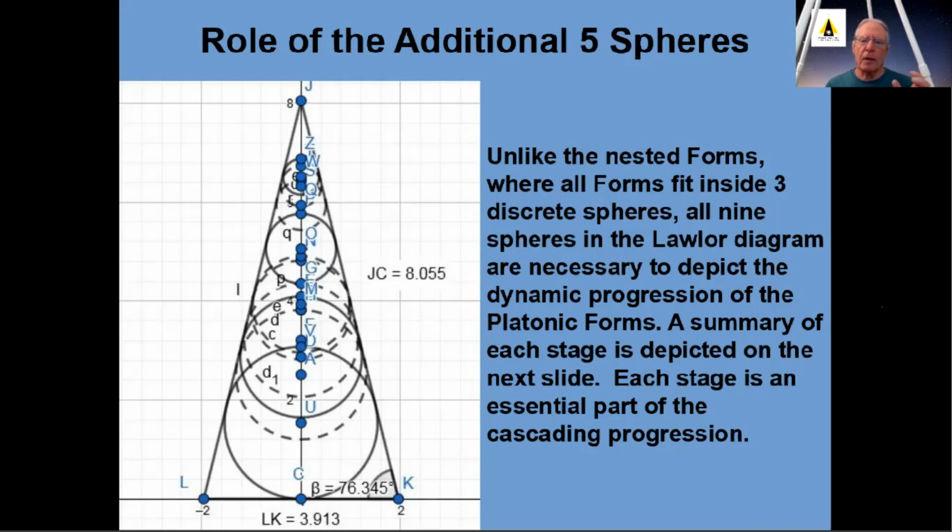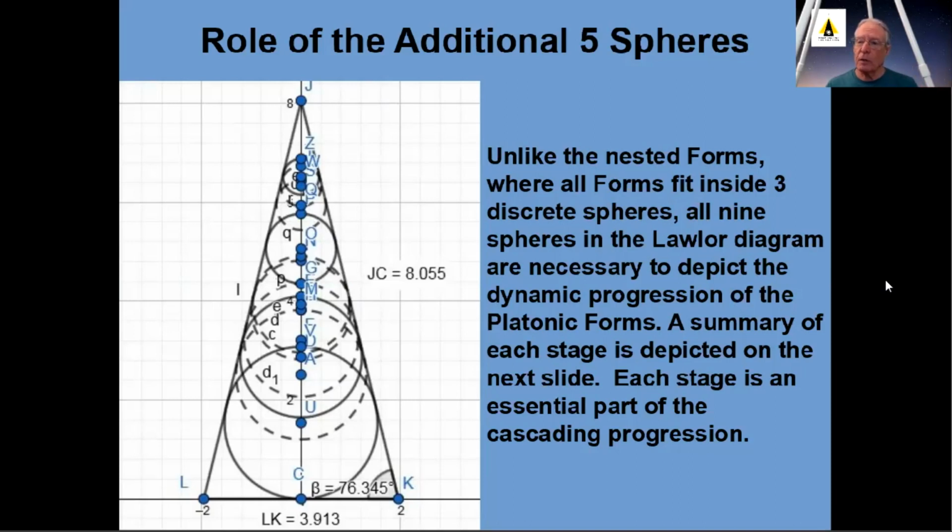So here's what I believe is happening. Unlike the nested forms, where all 3 forms fit inside 3 discrete spheres, all 9 spheres in the Lawlor diagram are necessary to depict the dynamic progression of the Platonic forms. And that's my thesis. And I can't wait to get comments on this.